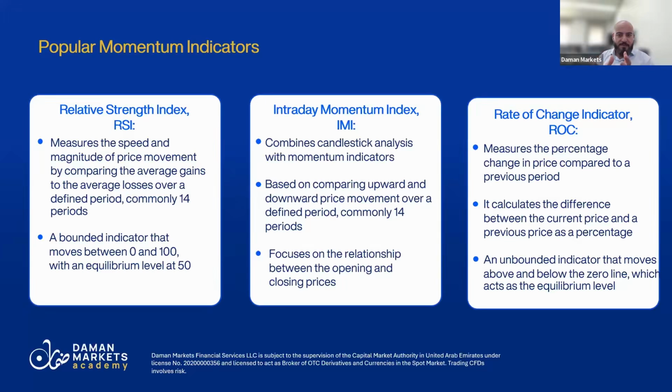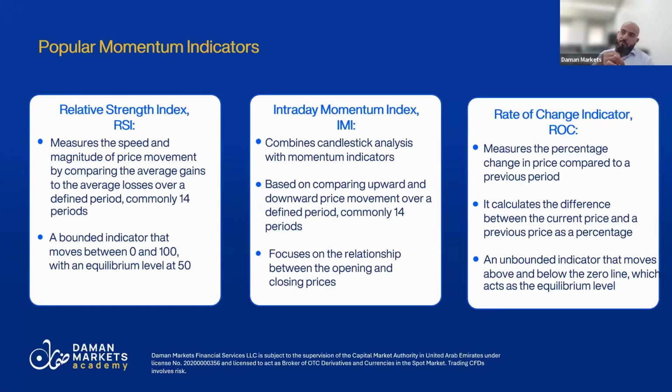So most momentum indicators are short-term momentum indicators. Basically they are calculated based on a period less than 30 and are considered short-term indicators. The difference between the IMI and the RSI is that the IMI focuses on the relationship between the opening and the closing price.